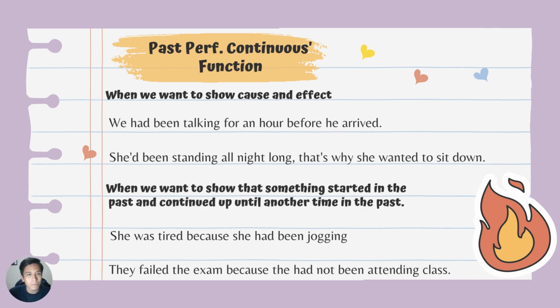In spoken English, we mostly use the past progressive, not the past perfect continuous, because it might seem difficult to use and long also, right?